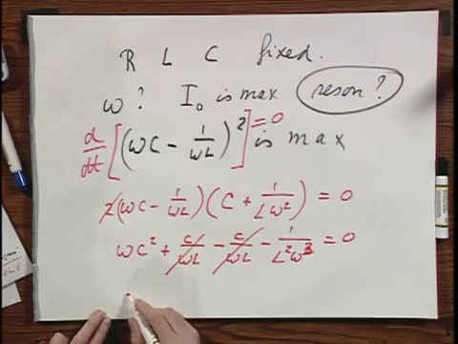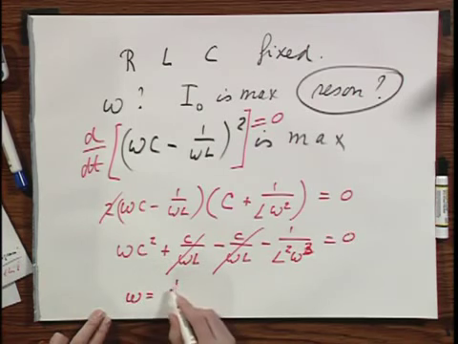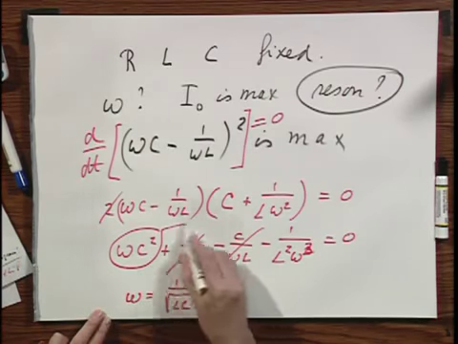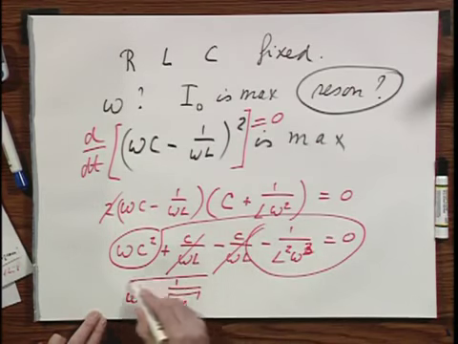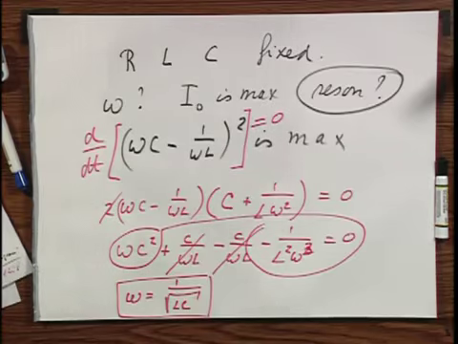I find that omega equals 1 over the square root of LC, if you solve this equation. And I say, aha! There is a resonance. But if I say that, I'm wrong. Because this is not a maximum, but it is a minimum.